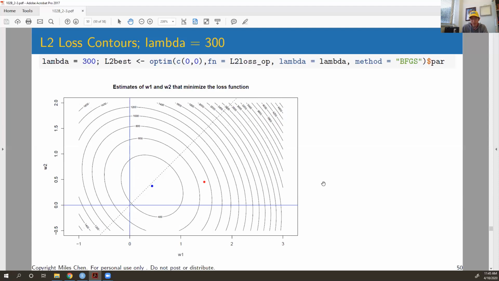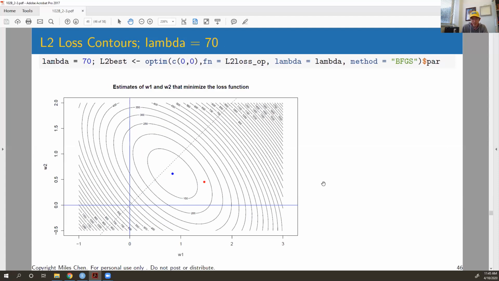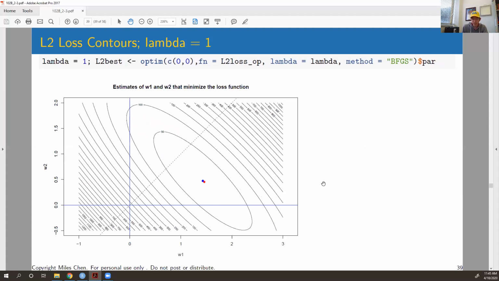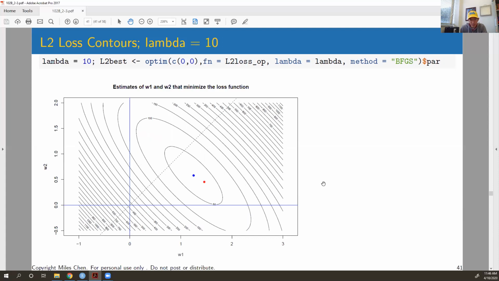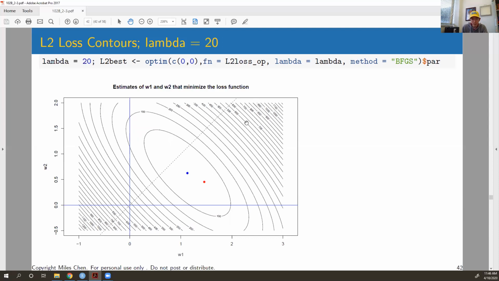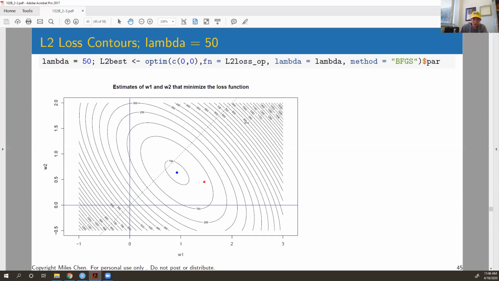I don't know if Zoom is able to keep up with my slide changing. Follow the blue dot here. As I increase lambda, the blue dot is attracted to this line, W1 equals W2, and once it gets close to this line, it starts moving towards the origin.